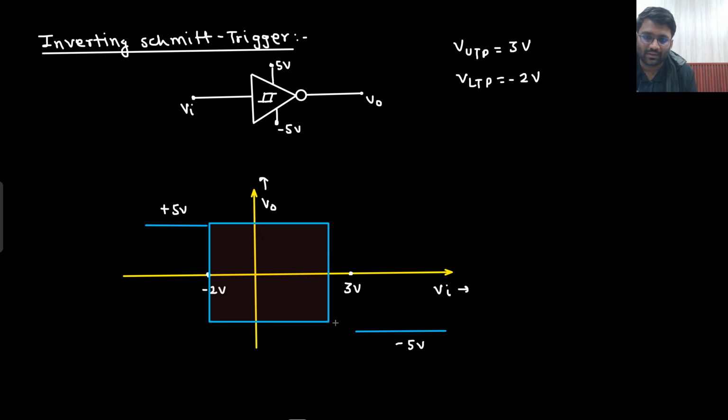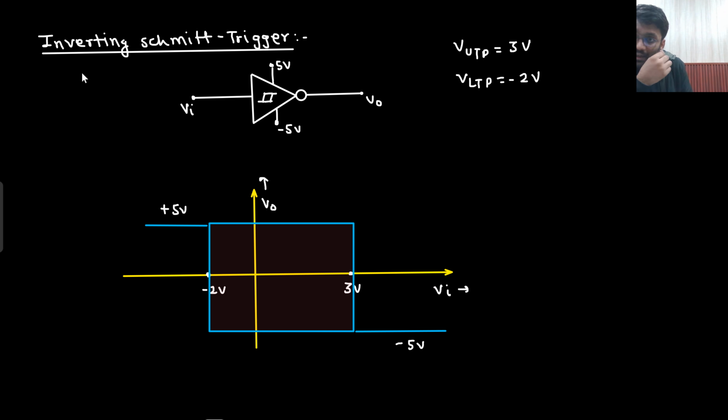In between, you will get a square like this. In inverting symmetric trigger, the rotation will be clockwise. Here both of the arrows would be there.